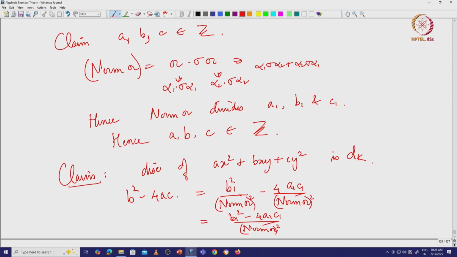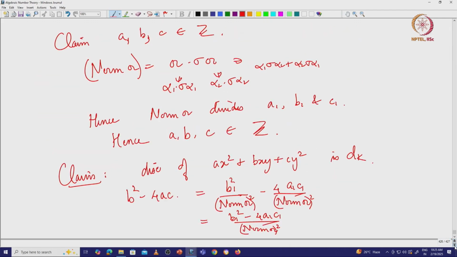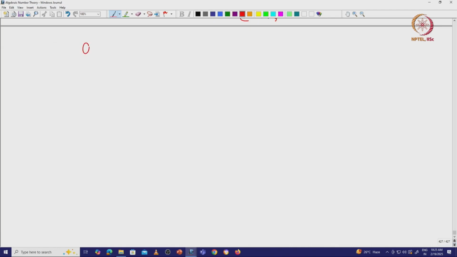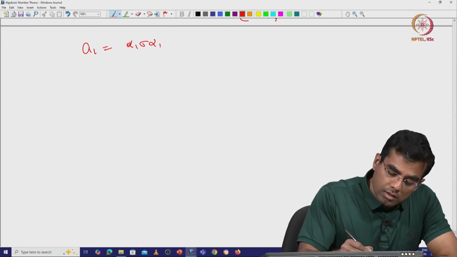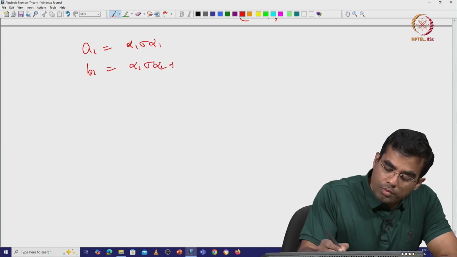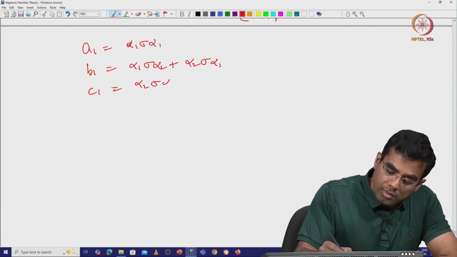Okay. So, we want to find out what b1 squared minus 4 a1 c1 is, and to do that we go back to our definition. What was A1? A1 was alpha 1 sigma alpha 1, B1 was alpha 1 sigma alpha 2 plus alpha 2 sigma alpha 1, and C1 was alpha 2 sigma alpha 2.